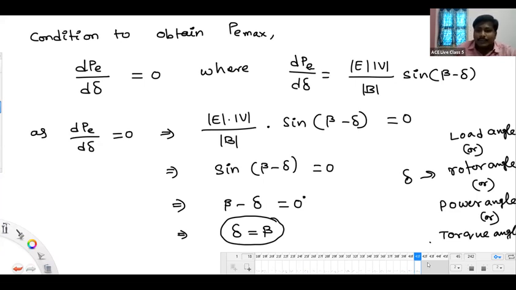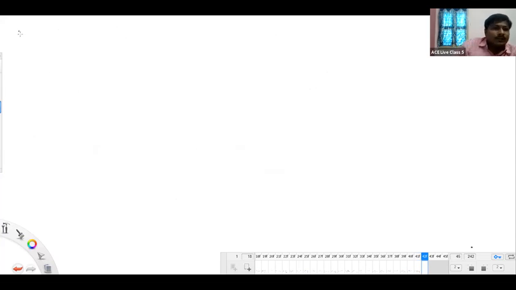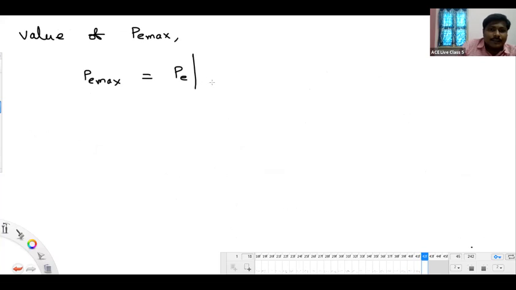Now, delta equals beta is the condition for P maximum. Simply substitute delta equals beta into the real power equation so that we get the maximum power. Let's move to the next slide. The value of P max, the maximum real power, is nothing but the value of P at the angle delta equals beta. Kindly observe.